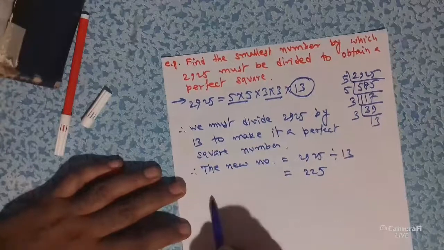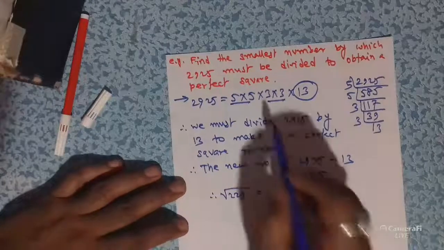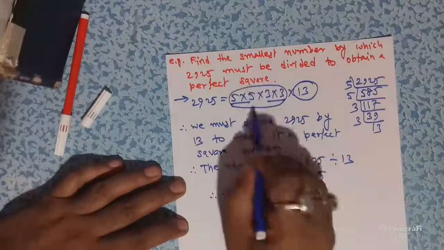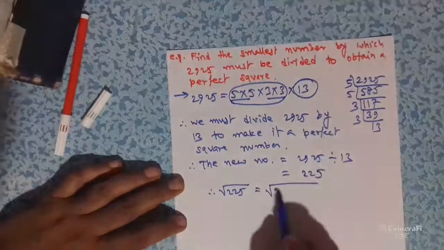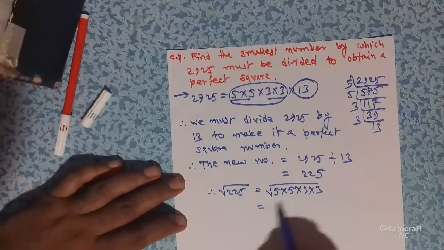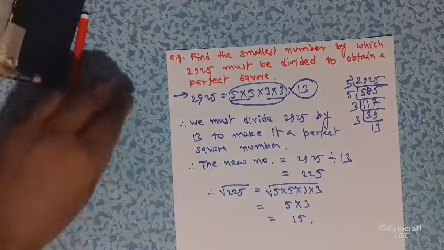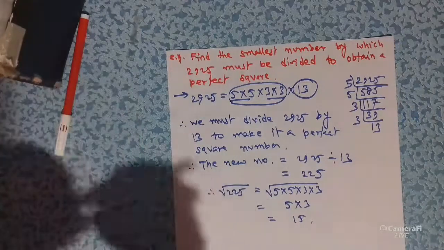Okay students, now the square root of 225 is root of, here you can see the prime factorization. So 5 multiply 5 multiply 3 multiply 3. So 5 multiply 3 is equal to 15. So 15 is the required answer.